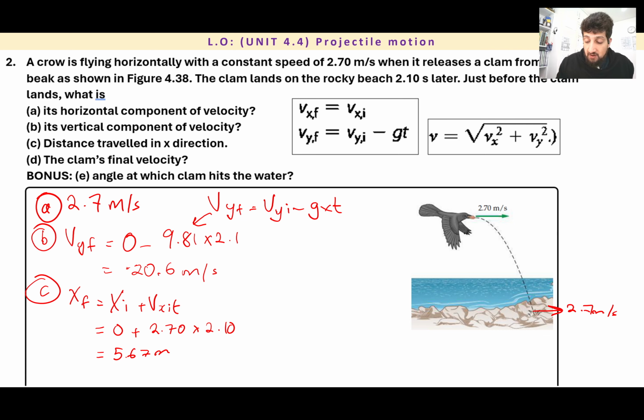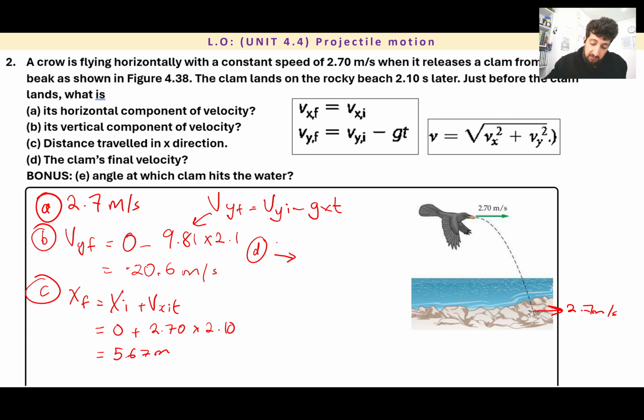What is the clam's final velocity? Now that is slightly different. Now we know the final velocity in the y component is 20.6 meters per second. We also know the final velocity in the x component is the same as the initial velocity, which is 2.7. So now we have a triangle.